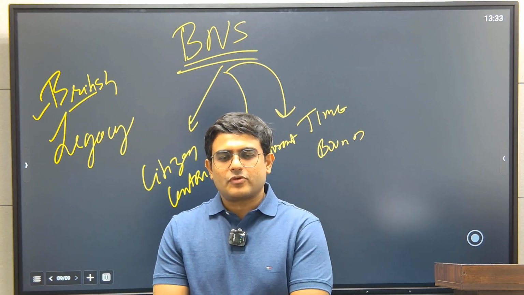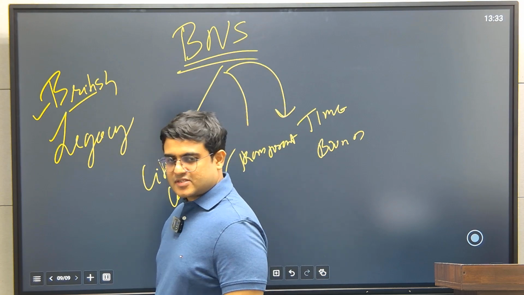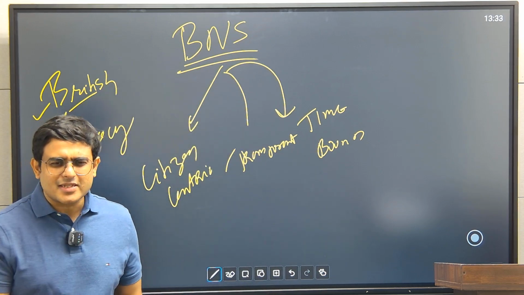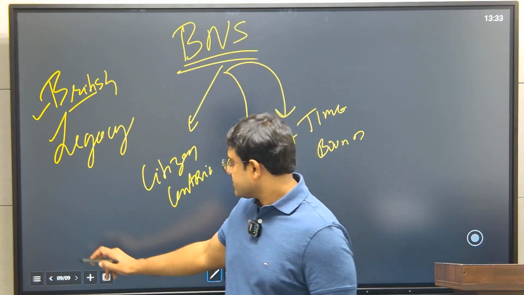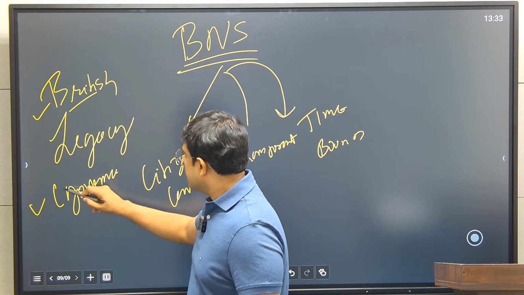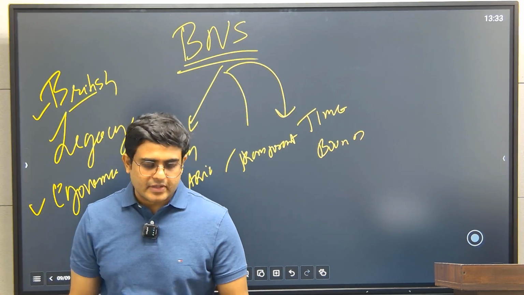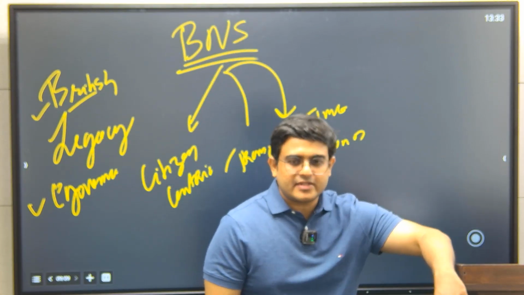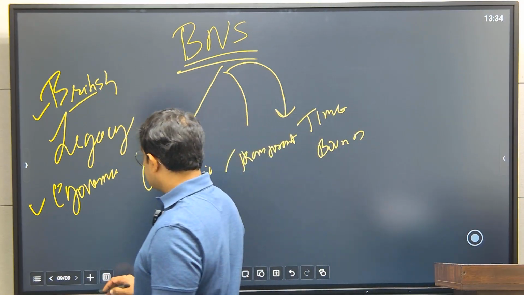In the first chapter, evolution of Indian administration, there is a component of British legacy. This is one aspect. Other things we can also connect with e-governance, in the techniques chapter of public administration paper 1. Now, what e-governance aspect does it have? Let's discuss now. E-governance in BNS.